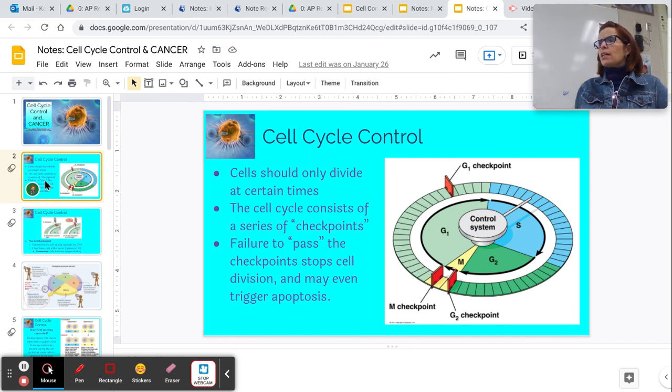And then if the DNA is fixed, the guardian angel gene allows cell division to continue. But if we can't fix it, then the cell is supposed to enter apoptosis. So there's all these things that are supposed to protect us, but something like 80% of people who have cancer, their guardian angel gene is not working. And so that's one of our enormous checks that's actually not working.